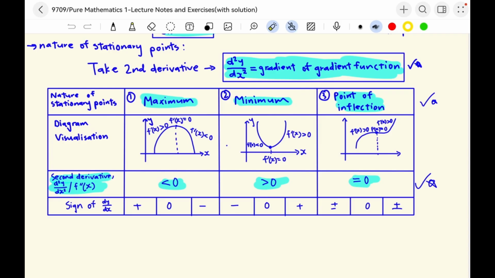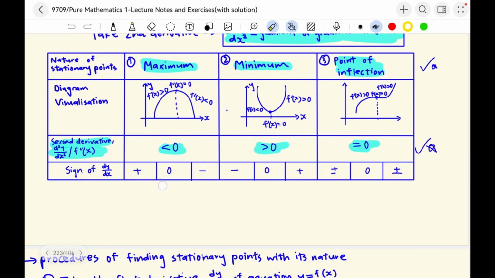So generally, this point is a minimum point with its second derivative positive. So if there is a maximum point, the second derivative is negative. For a minimum point, the second derivative is positive. So these are the best summarized for you.